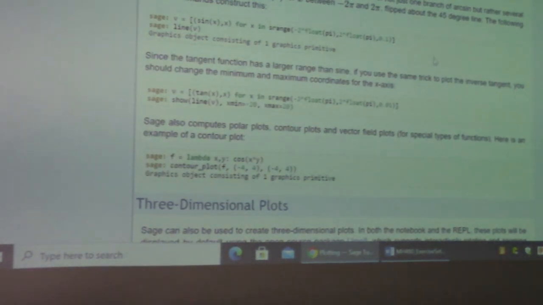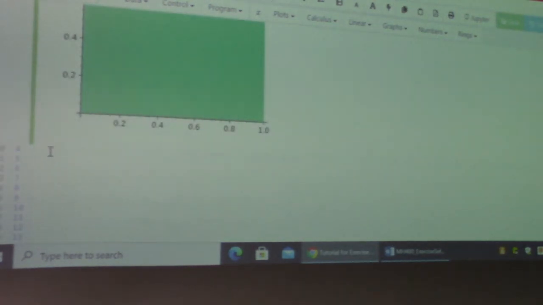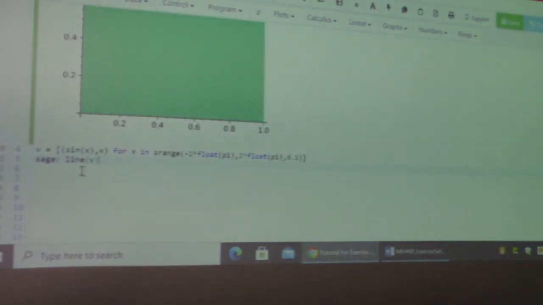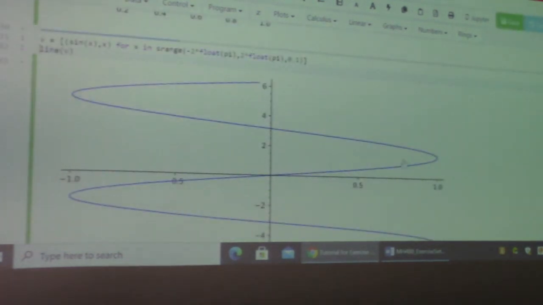I think he's plotting sine vertically. What's going on here? Yep.